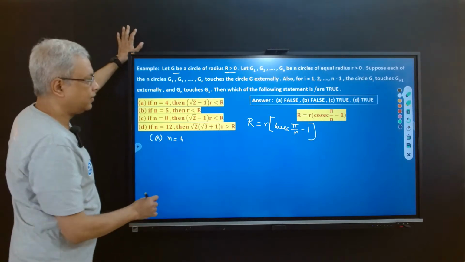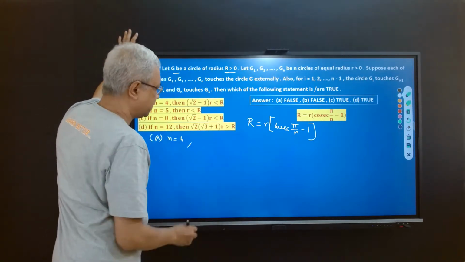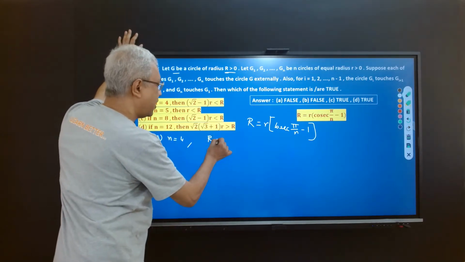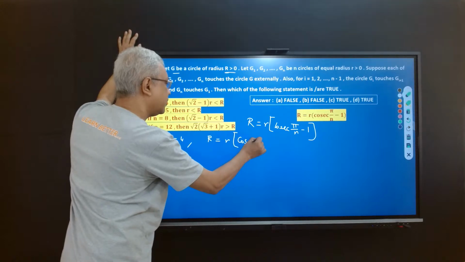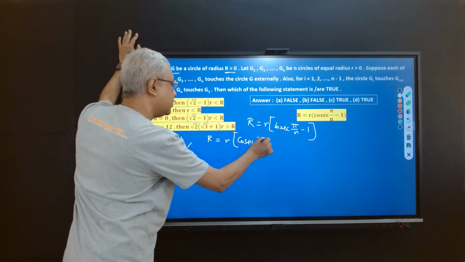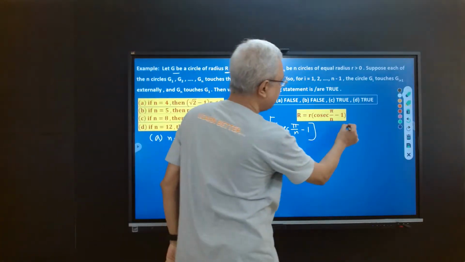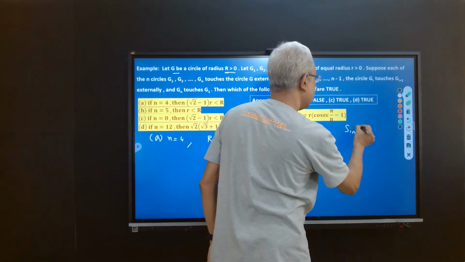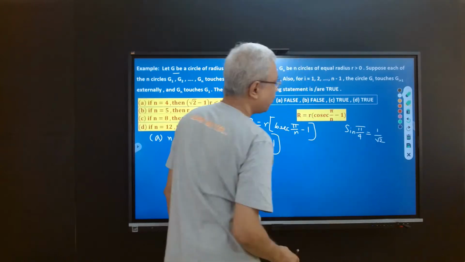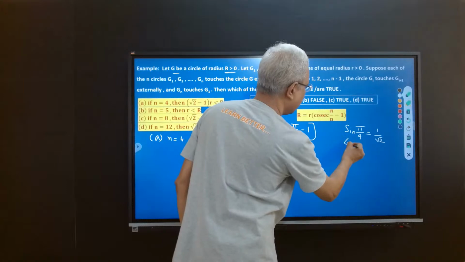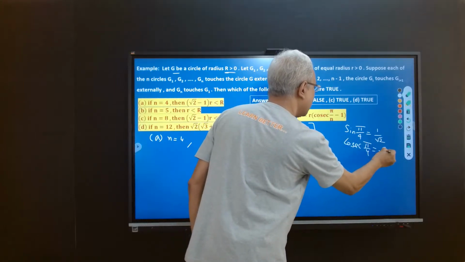All right. Now n is 4. If n is 4, you just plug in n equal to 4 in this expression. So R is how much? r cosec pi by 4 minus 1, so now it's a cakewalk for you. Sin pi by 4 is 1 by root 2. So cosec pi by 4 is root 2.